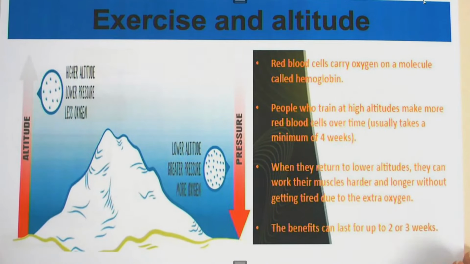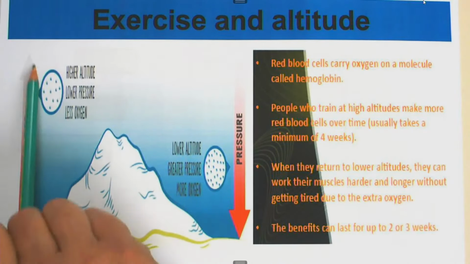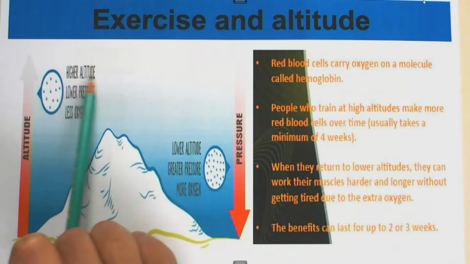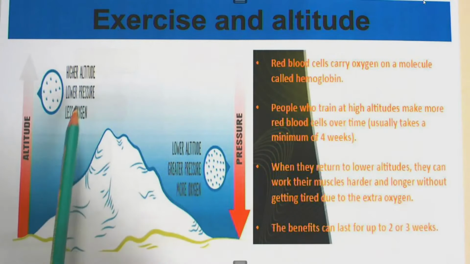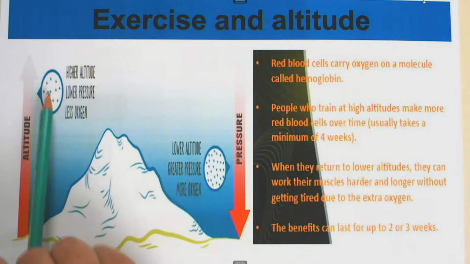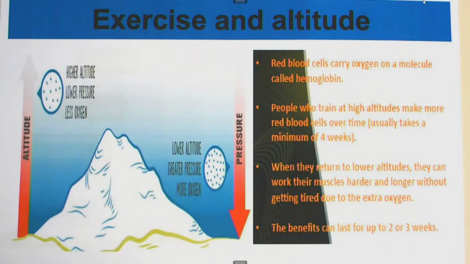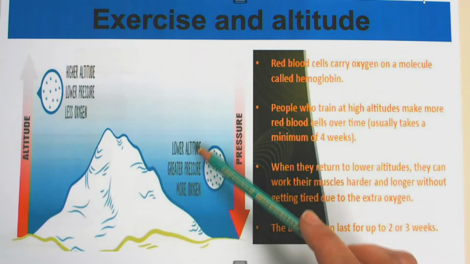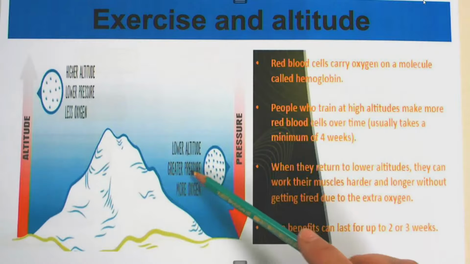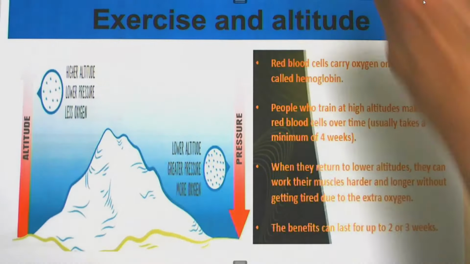What is altitude? Altitude is where exactly above sea level you are. In this picture I have a mountain, and then it shows you increase in altitude. The higher I go, the higher the altitude, the lower the pressure and less oxygen. Look at that section. Those circles that you see there are supposed to represent the amount of oxygen. When I go to sea level or lower down, going down the mountain, it's a lower altitude, lower height above sea level, greater pressure, because of the pressure that is now on top of me.